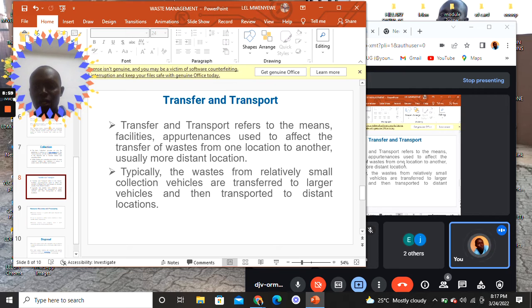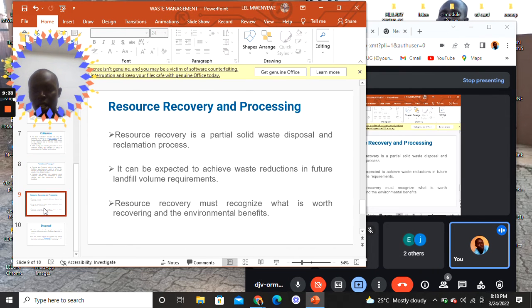Then we go to transfer and transportation. That lorry comes, it collects what has been generated in our hostels, in our rooms, and it is transferred to a dump site or the landfill. So transfer and transport refers to the means and facilities used to effect the transfer of waste from one location to another. And then we'll now focus on resource recovery and processing.